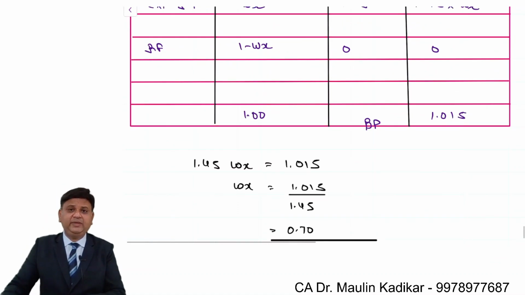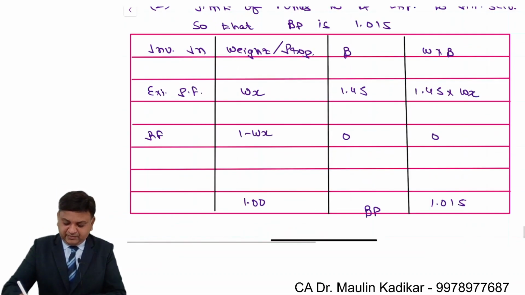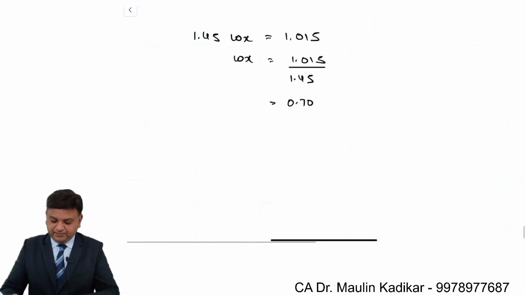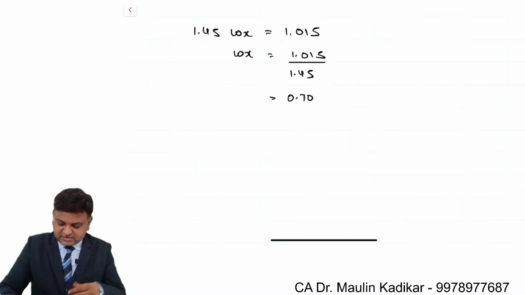What does it mean? It means that you have to retain 70% of the funds in the existing portfolio and you have to transfer 30% in risk-free security. So the final answer will be like this.